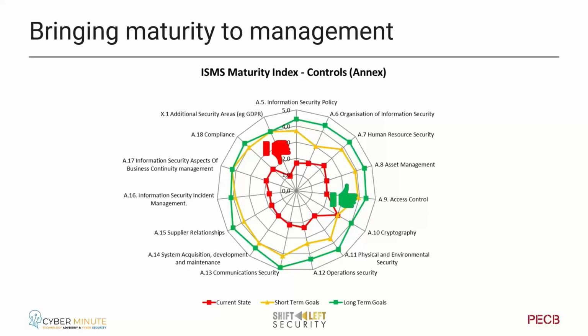For example, in this case, the current state of your crypto and the implementation of your encryption is matching the expected level, so that's perfect. The biggest gap you will find in this case is in another section which is outside of the ISMS; I added the GDPR implementation as an example of the biggest gap.